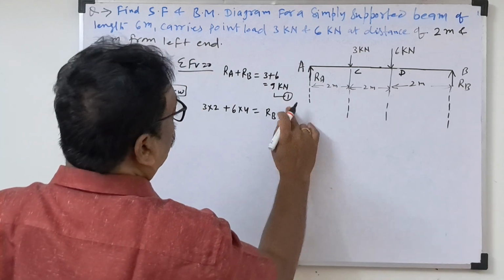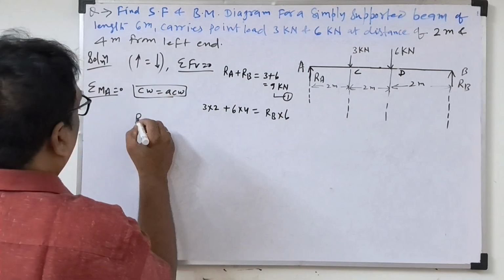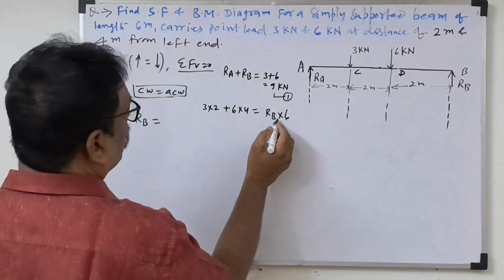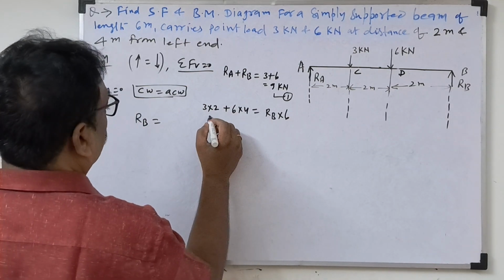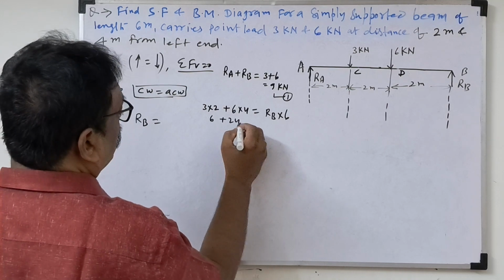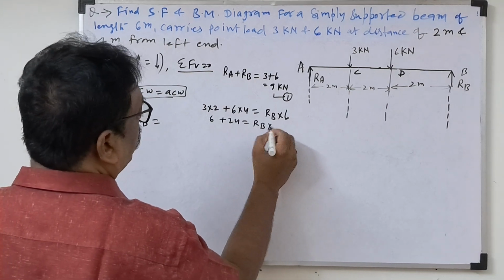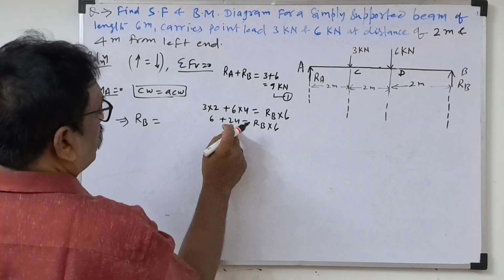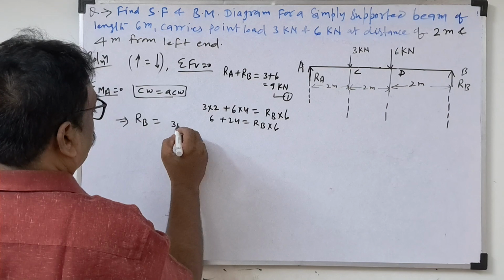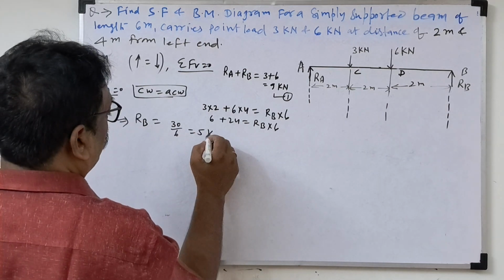Write one step here: 6 plus 24 is equal to RB into 6. That implies RB is equal to 30 by 6, so 5 kilonewton.